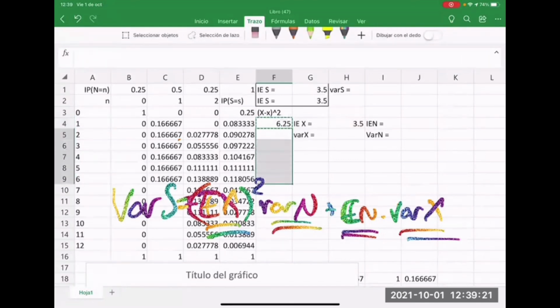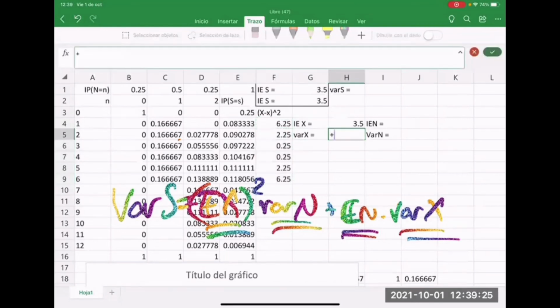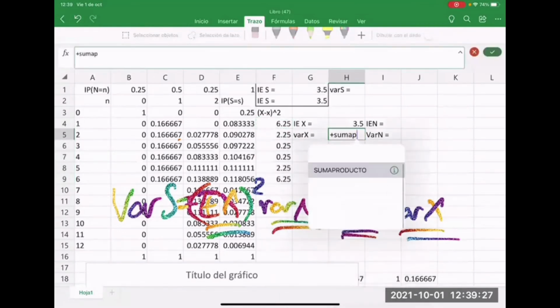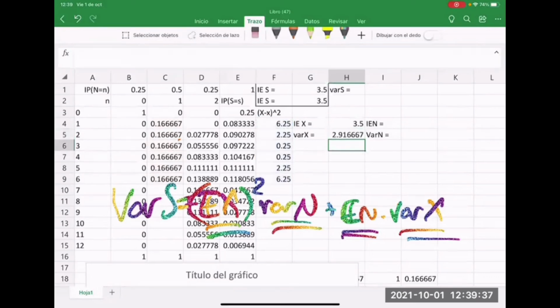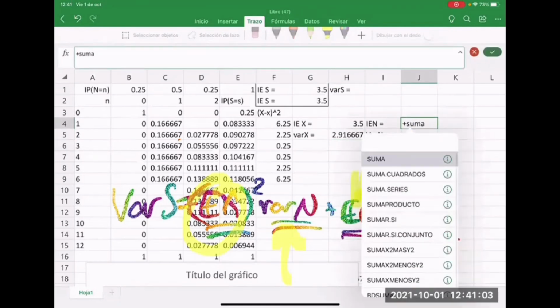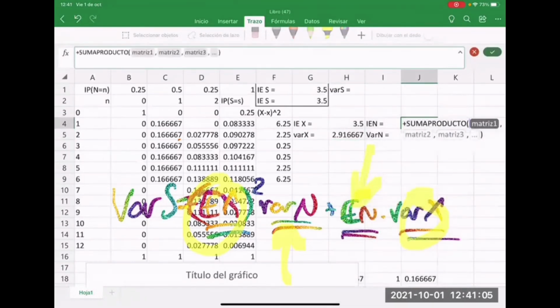So this works for all the values between 1 and 6, and the variance is just some product of these values with these values here, right? So that's the way we get the variance of x. And to get the variance of n, we just need to get some product of these values with these other values here, and that's it.